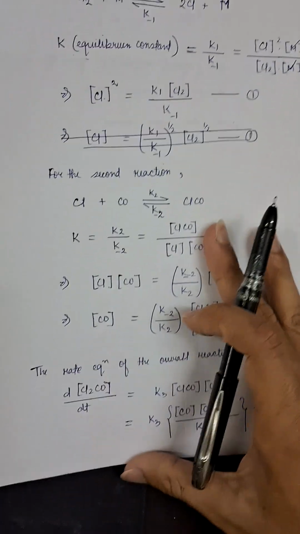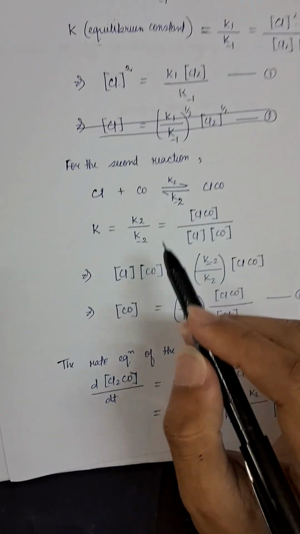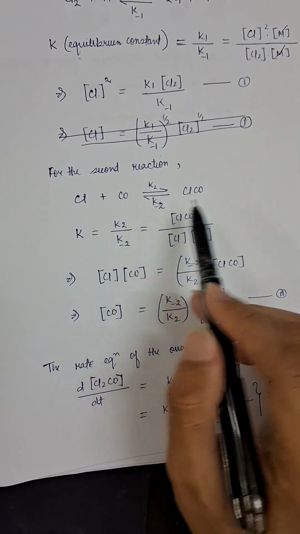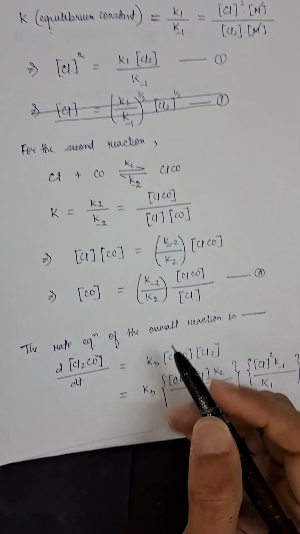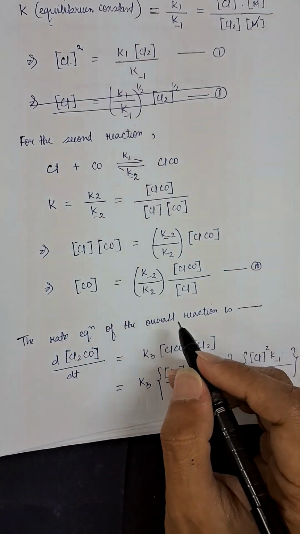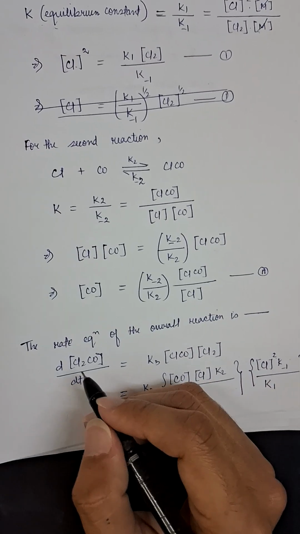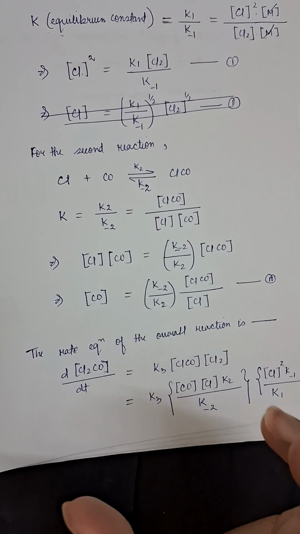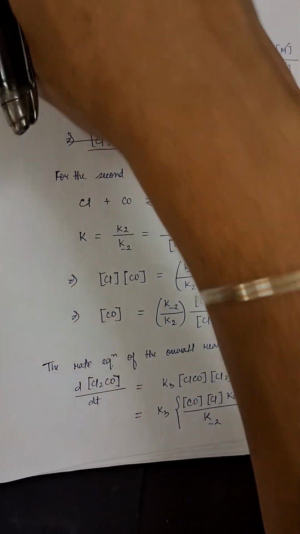And then I solve it, and then I solve the second reaction's equilibrium process. I solved it, and then the rate equation of the overall reaction, I solve it. The rate of an overall reaction means the process at which a product is formed.